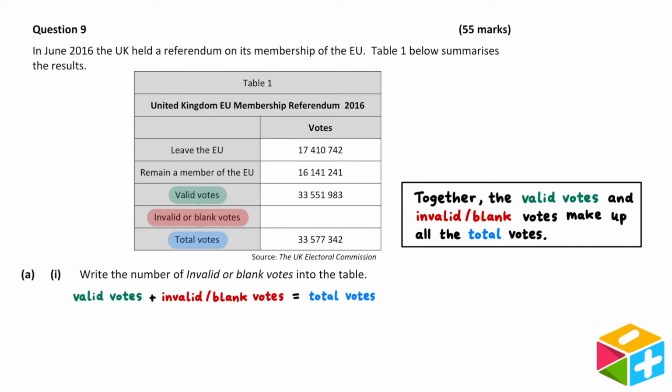In other words, if we add together the valid votes and the invalid votes, we'll get the total votes. Another way to view this is that the invalid votes is equal to the total votes minus the valid votes. So let's do this calculation.